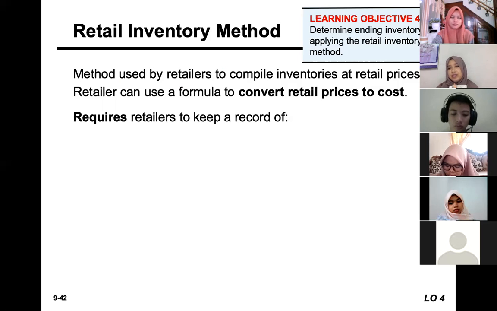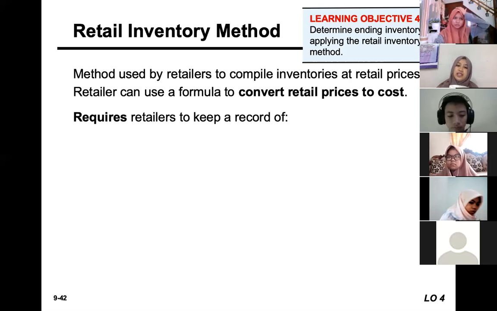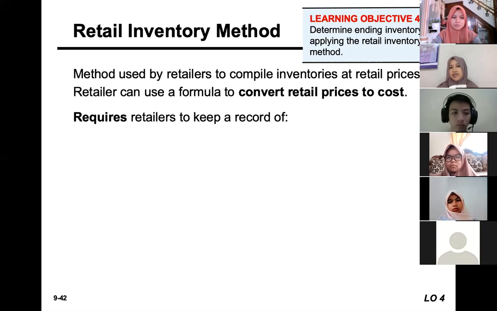Normally they use the specific identification method to identify the cost for each product. But imagine that situation for a retailer or a supermarket who sometimes has 100 types of products. It's very difficult for them to adopt the specific identification method.